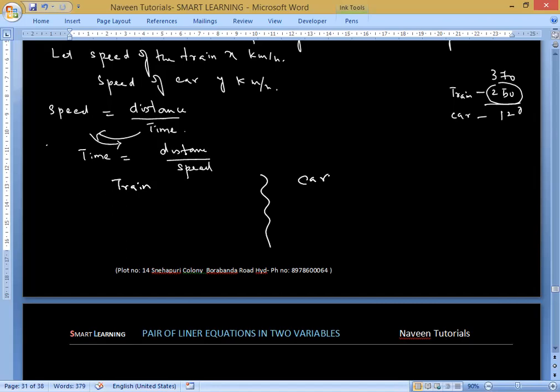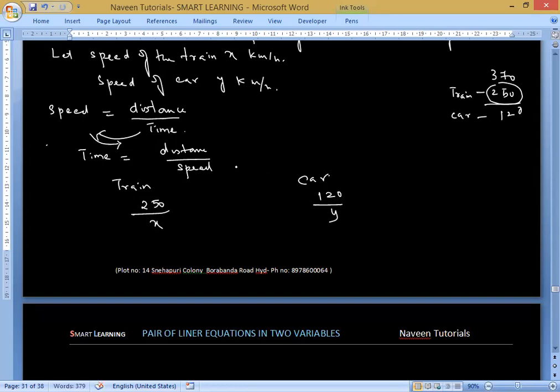In the first case, how much distance is traveled by the train? 250. The speed of the train is x. And for the car, the distance is 120, and the speed of the car is y.